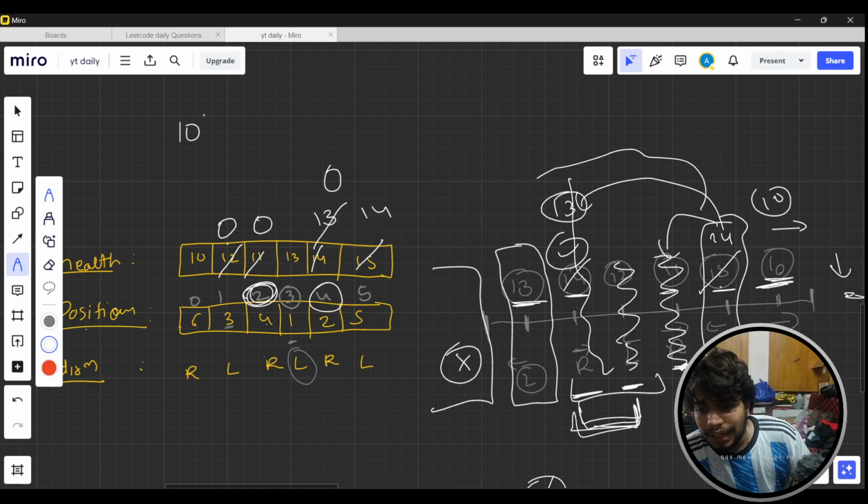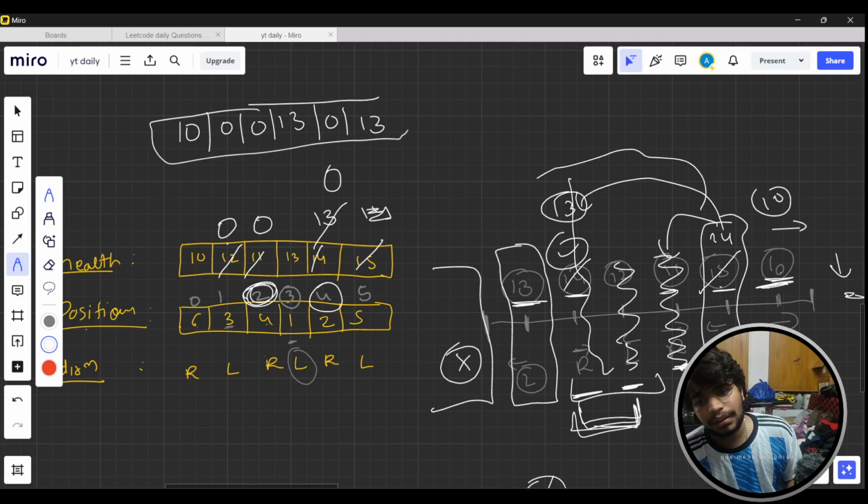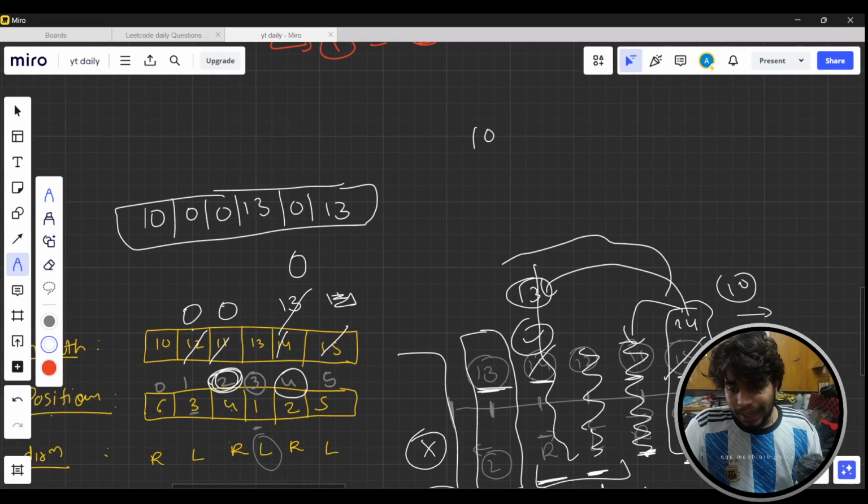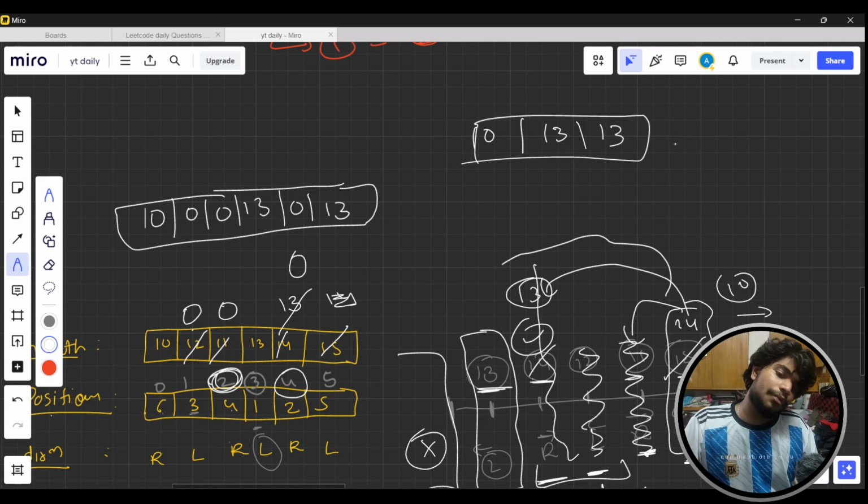So at last I will have an array after collision like this. After removing the killed robots, I get 10, 13, and 13. This will be my final answer.